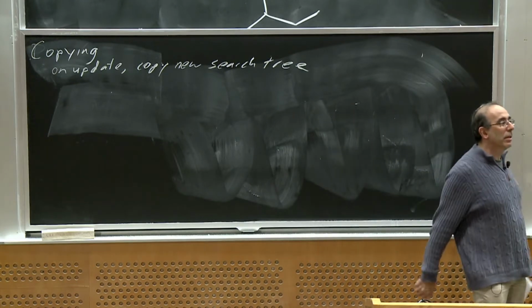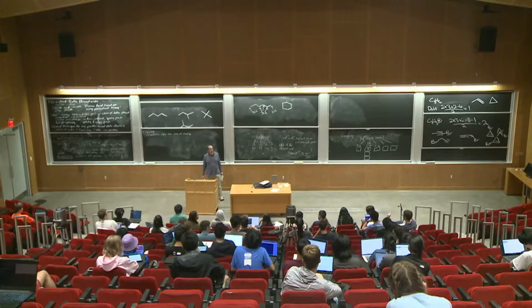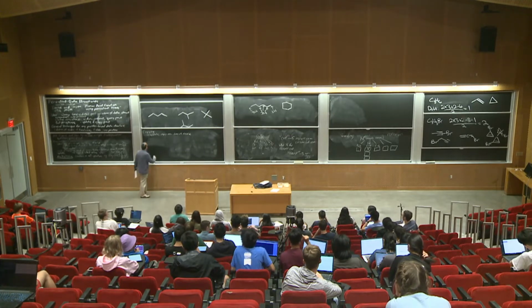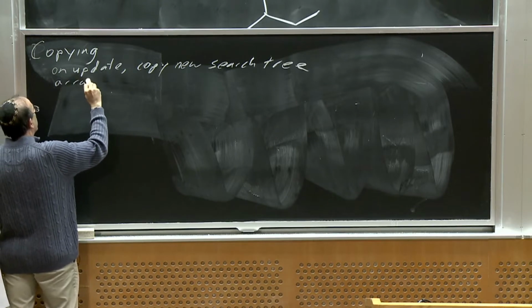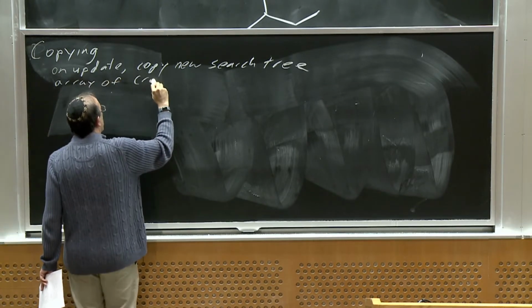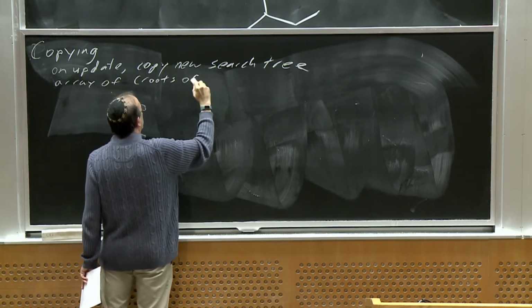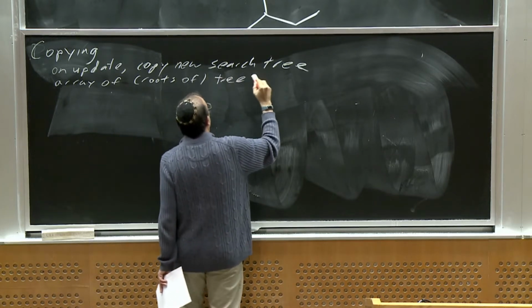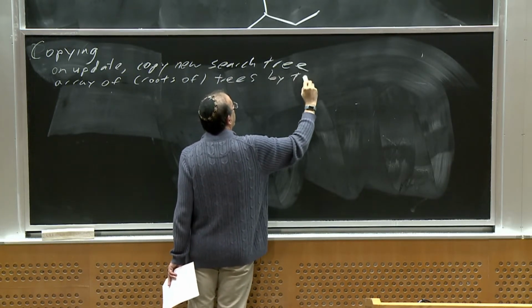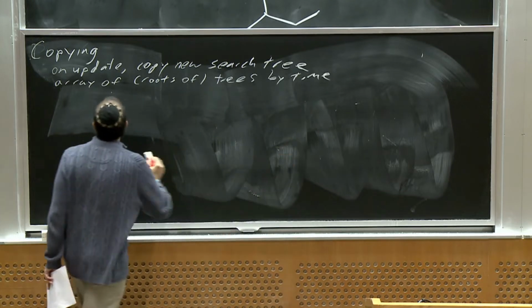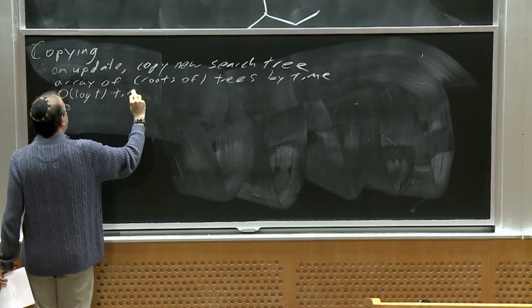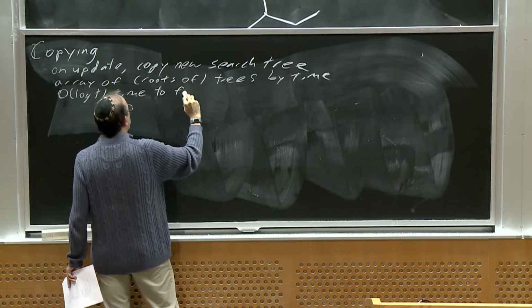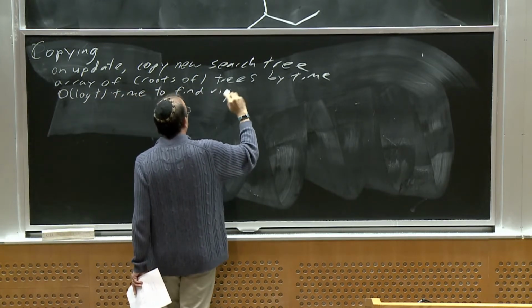Yes? You have to go look through your list of all the copies of the tree, and so it's like an additive factor instead of a multiplicative factor. Exactly. Now, I still need an array of, say, the roots of trees by time. And it's still going to take me order log t time to find the right root.